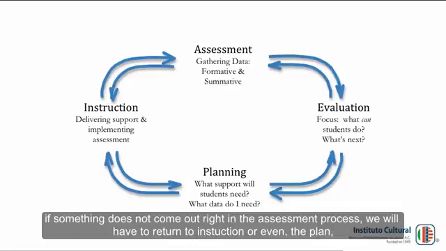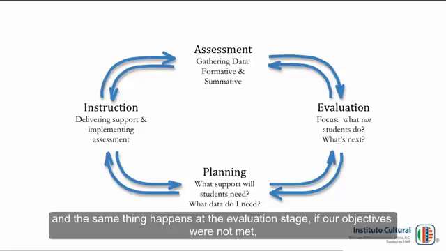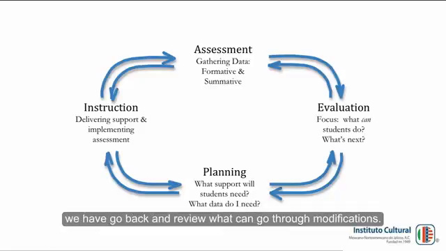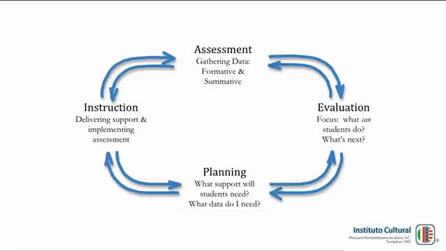If something does not come out right in the assessment process, we will have to return to instruction or even the plan. And the same thing happens at the evaluation stage. If our objectives were not met, we have to go back and review what can go through modifications.